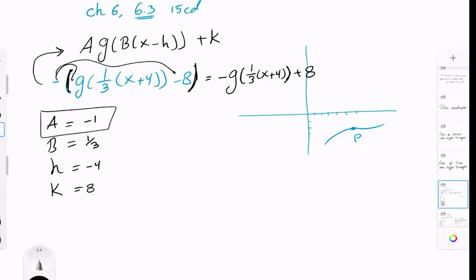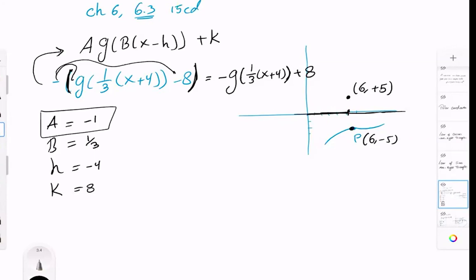A is -1, so it will reflect over the x-axis. So this point was 6, -5. If you reflect it, the value of x is the same, but it will be 6, +5. Correct?